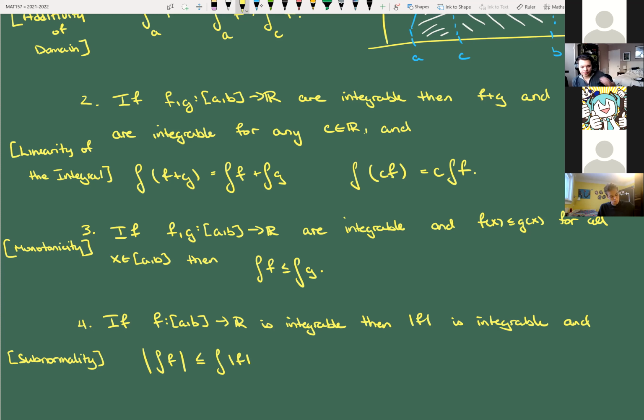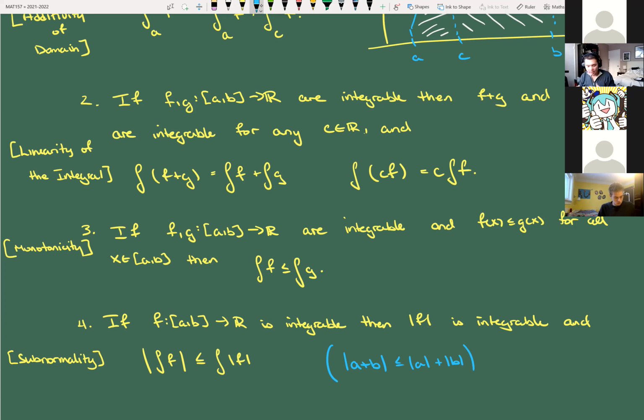Again, if you think of the integral as being some sort of really continuous sum, then this is exactly the triangle inequality for the absolute value, right? Triangle inequality says if you add two things in their absolute value, if you want to split the absolute value, you can do that, but you have to put a less than or equal to sign.